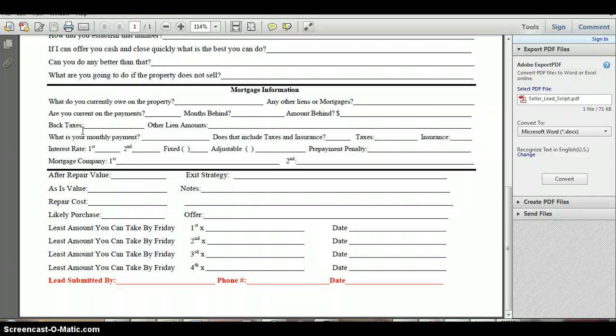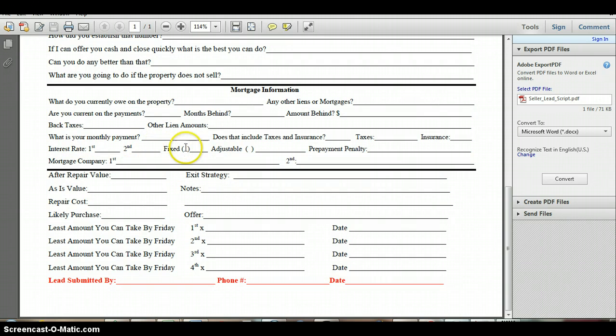And needless to say, that property was not closed. When we found out the property taxes were that much and hadn't been paid in that long, we could not negotiate with the investor who bought the taxes, and the property was also set to be torn down by the city. So it was pretty much a dead deal. You want to ask about the other lien amounts, if there are any other liens.